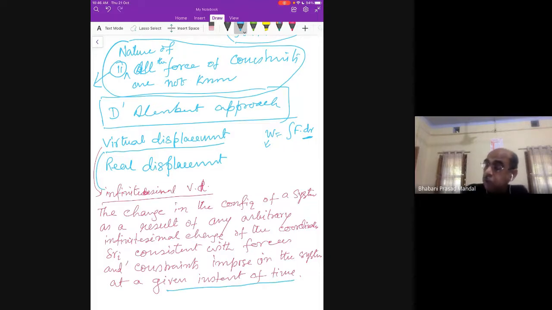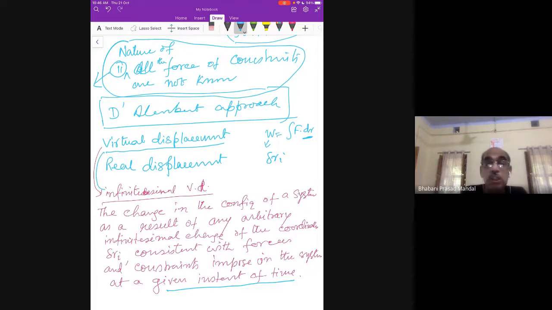Let me explain. This statement which I wrote here is the definition of infinitesimal virtual displacement. You write the displacement as delta Ri, which is consistent with the forces on the system. You have a system, that means there are forces: the external forces, the mutual forces, and the forces of constraint.